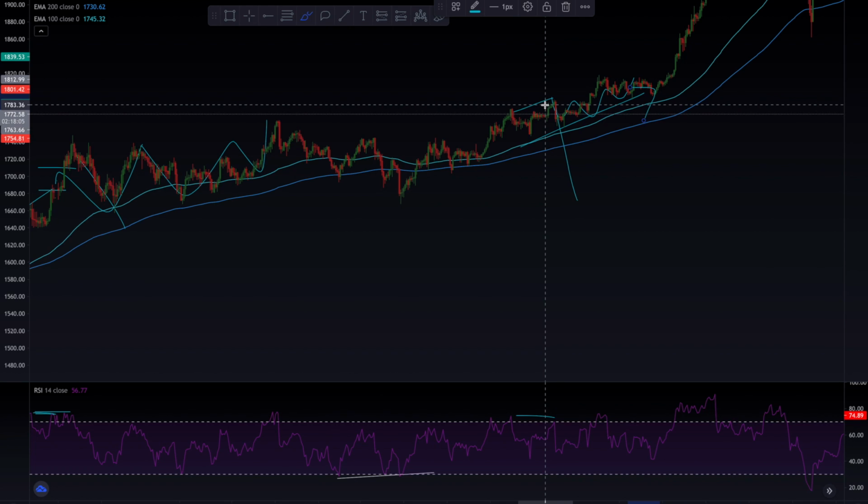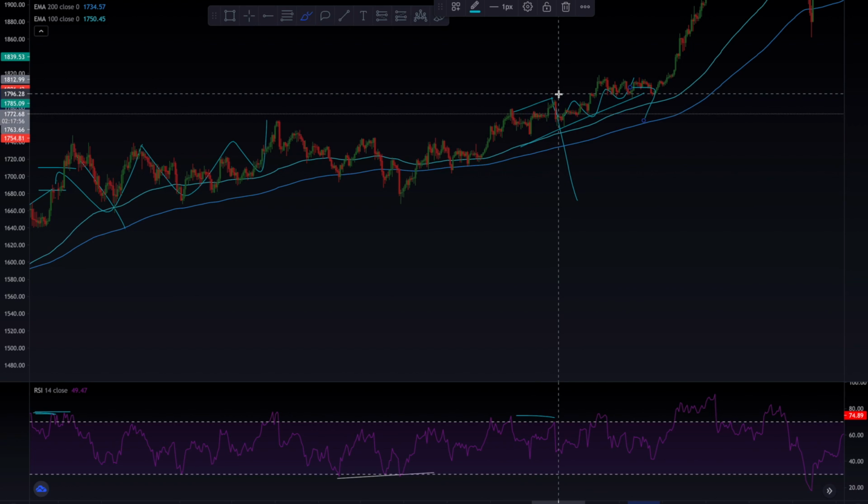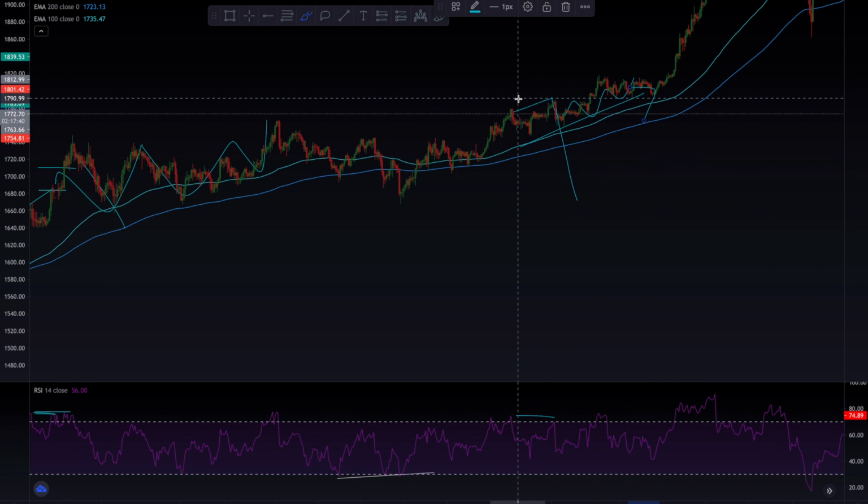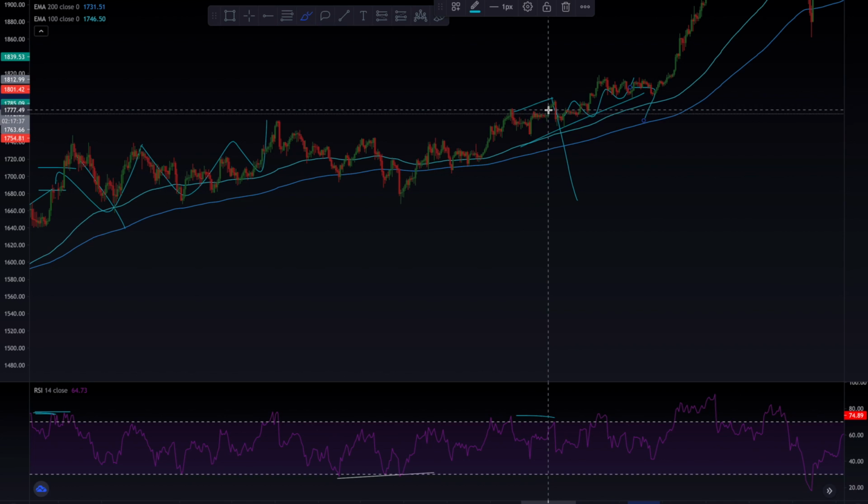Now the reason why this happens is that divergence just tells us that the momentum is shifting toward the sellers. Like in this case, the divergence is telling us that the price is overbought, but we don't have any important area from where the sellers can enter. So we always have to look for important areas while finding divergence.